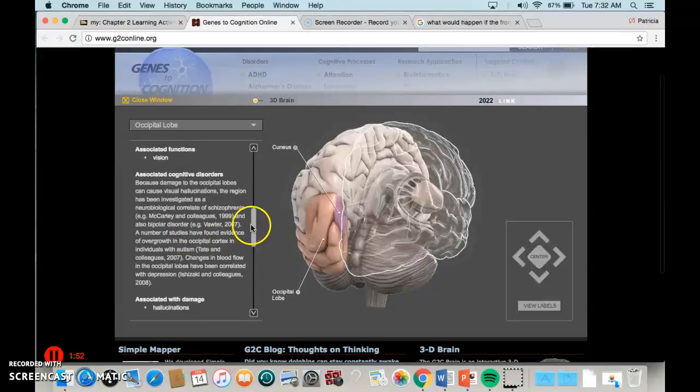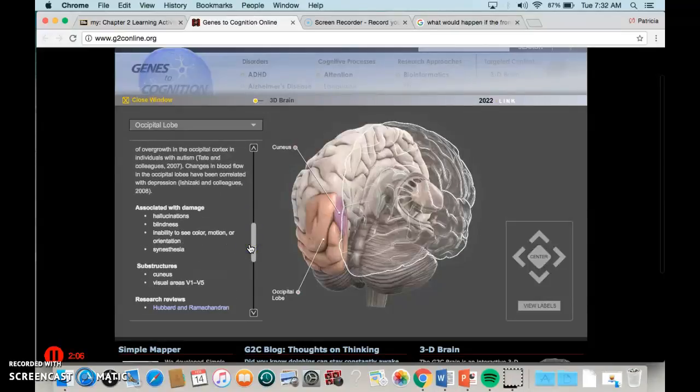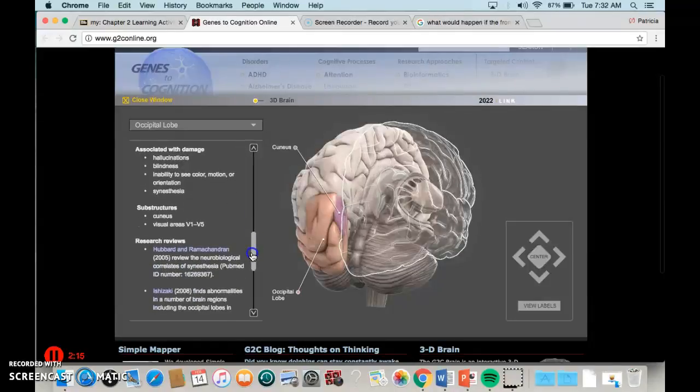A number of studies have found evidence of overgrowth in the occipital cortex in individuals with autism. Changes in blood flow in the occipital lobe have been correlated with depression. Associated with damage are hallucinations, blindness, inability to see color, motion, orientation, and synesthesia.